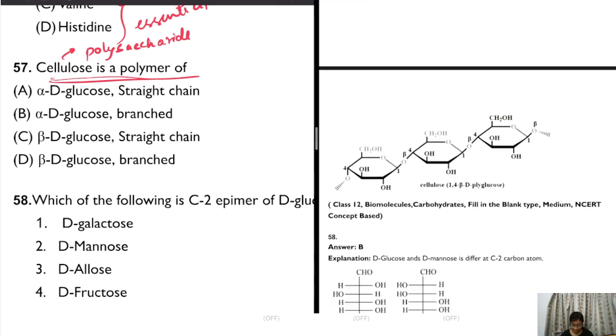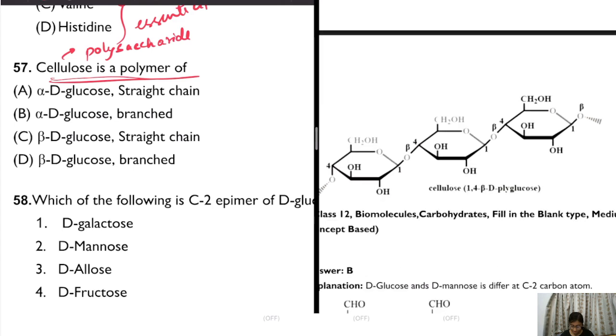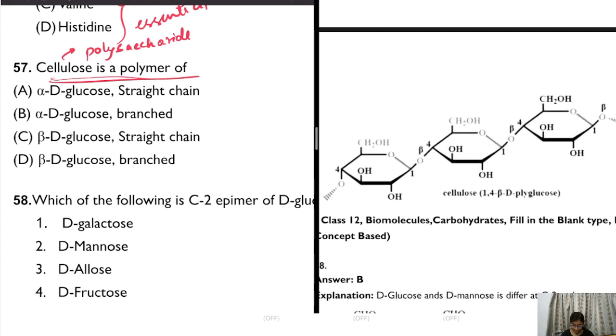Let's see the structure. So this is our structure according to the naming. If we go, see 1, 2, 3, 1, 2, 3, 4. So I'm here at 4. So this is 1 and 4. And this is the glycosidic linkage. Okay.